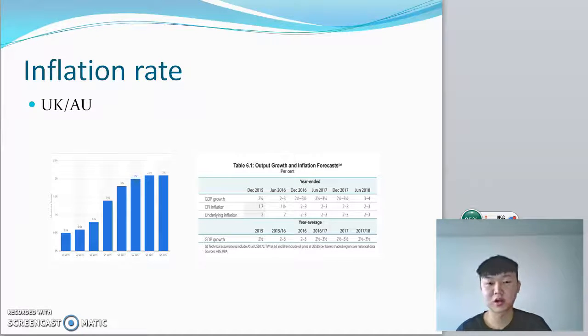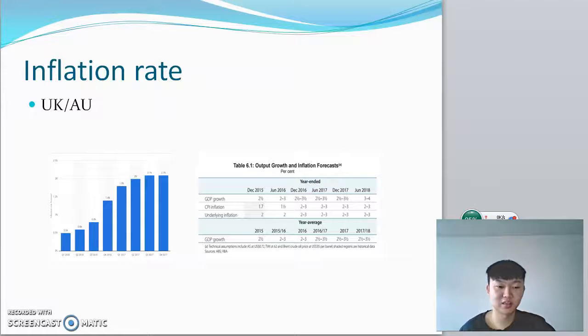From the graph we showed on the PPT, we can see the inflation rate of Australia is higher than the inflation rate of the UK during September 2016 to March 2017.